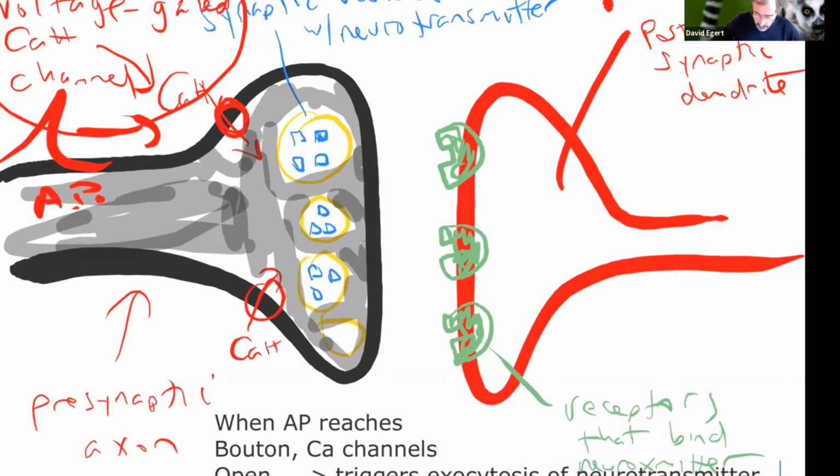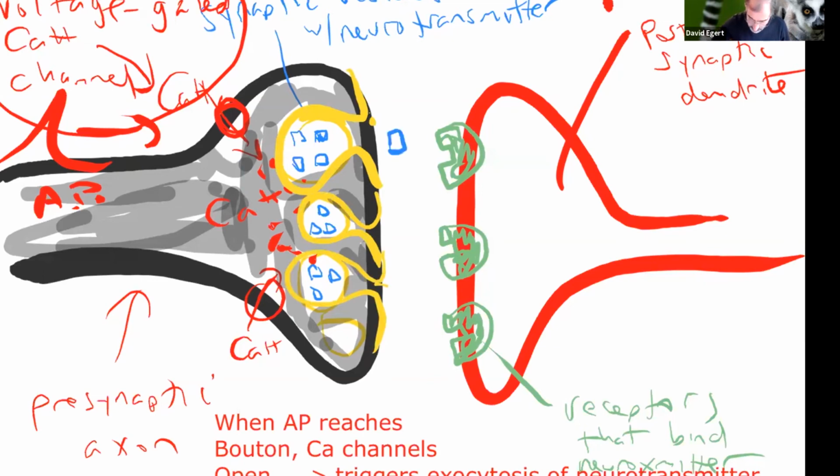So basically, there are other things involved here. There's a whole other story. We're not going to get into the more complicated story. We'll just say when the calcium comes in, that is the signal that causes our synaptic vesicles to fuse with this membrane, and the neurotransmitter ends up in the cleft.